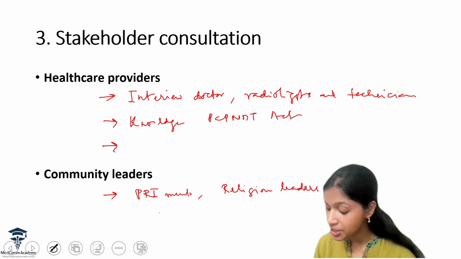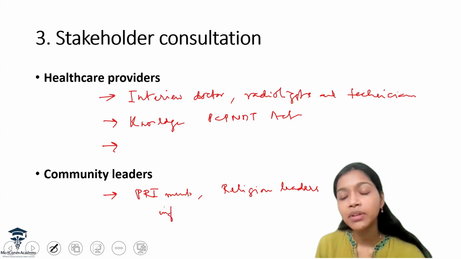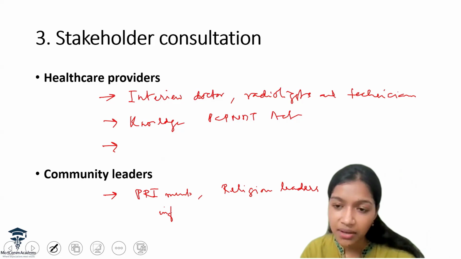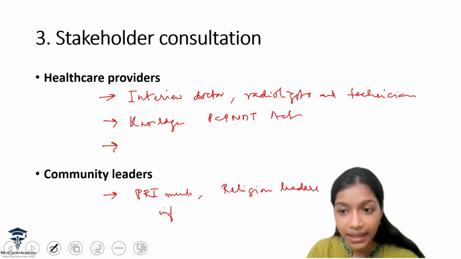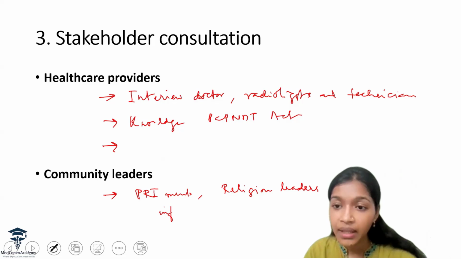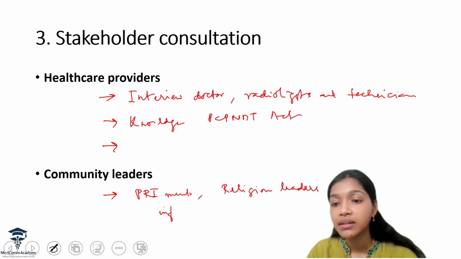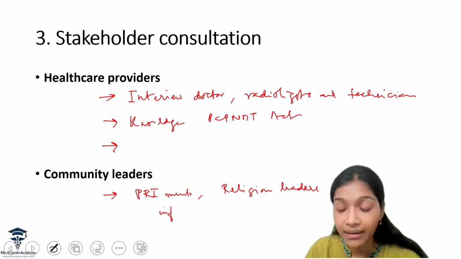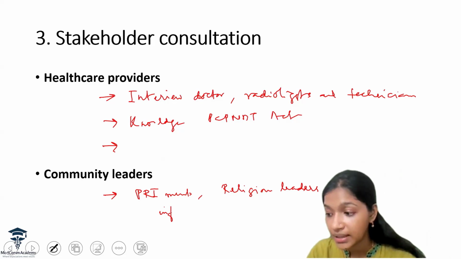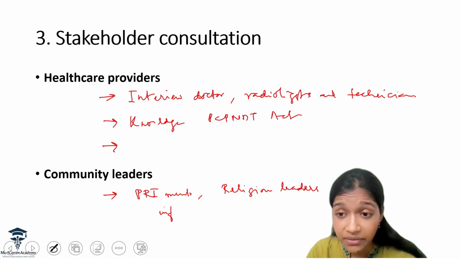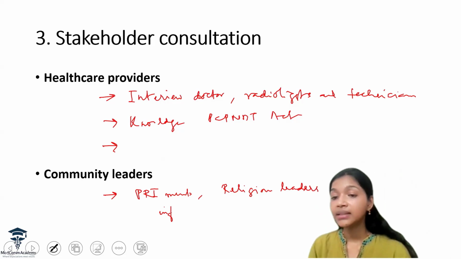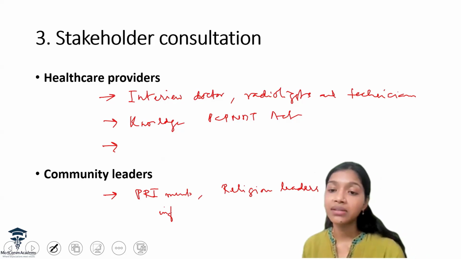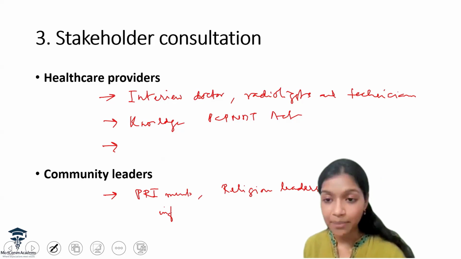And again, influential community members whose words the villagers follow or whom they regard, like a school teacher. Maybe in their village there is a retired army person who is held in great regard, so he can be considered an influential community figure, right? So the BMOH can engage with such people to discuss the possible reasons or to identify the gaps.